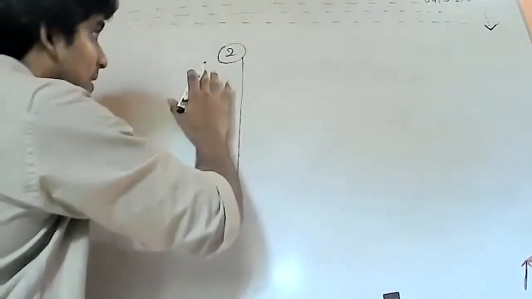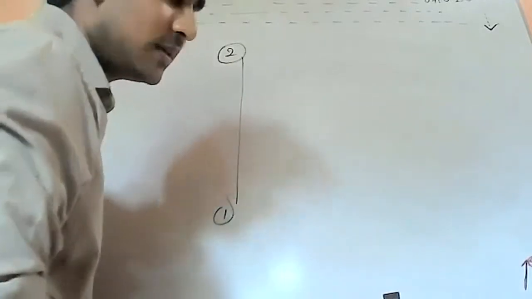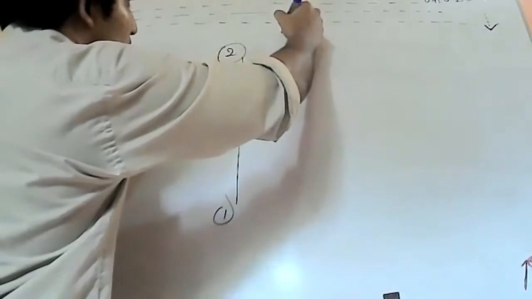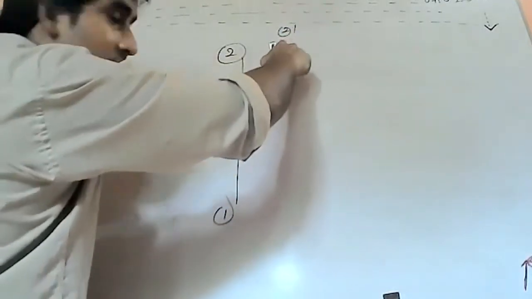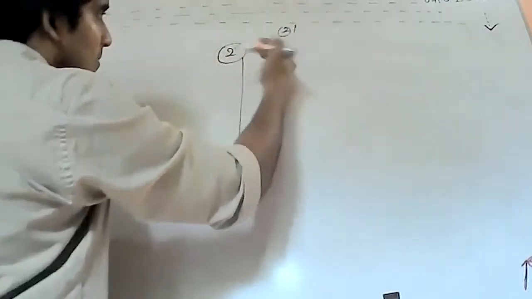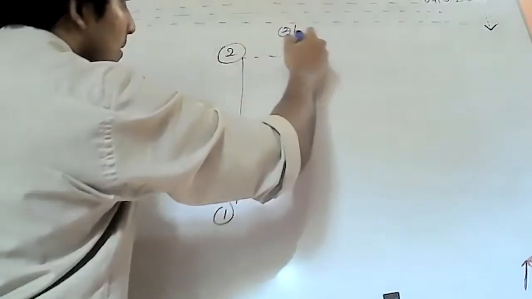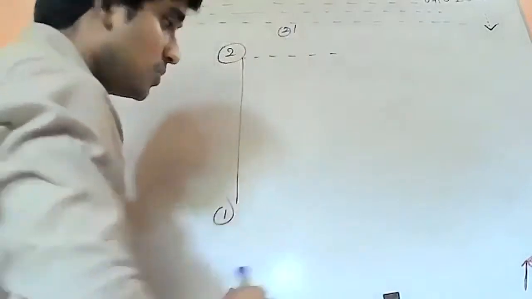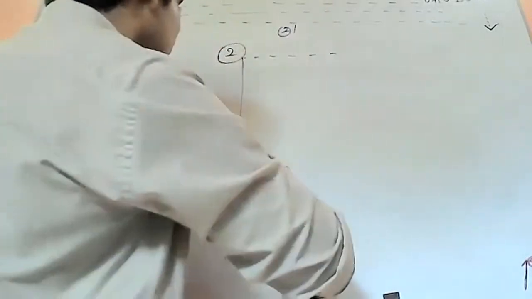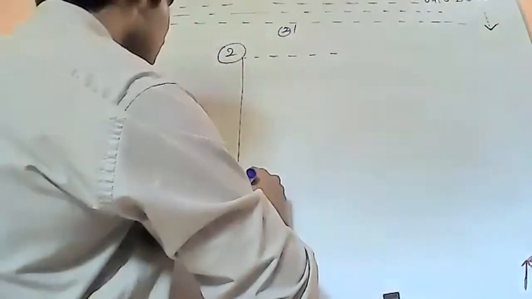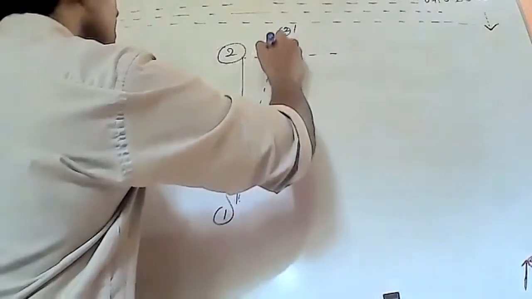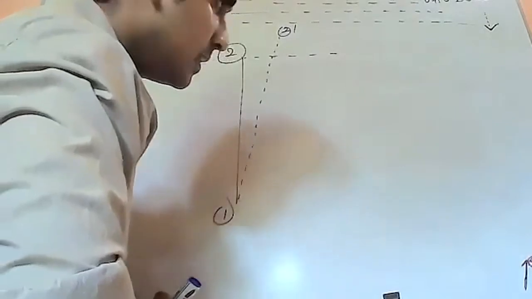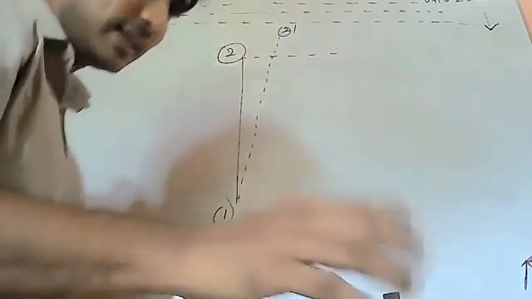For the actual case, there is a point 2 dash, a little bit at a higher level. This relationship is also not a curve. Some people think it is a curve, but it's a straight line, right? Better sketch it as a straight line. For the turbines also the scenario is the same.